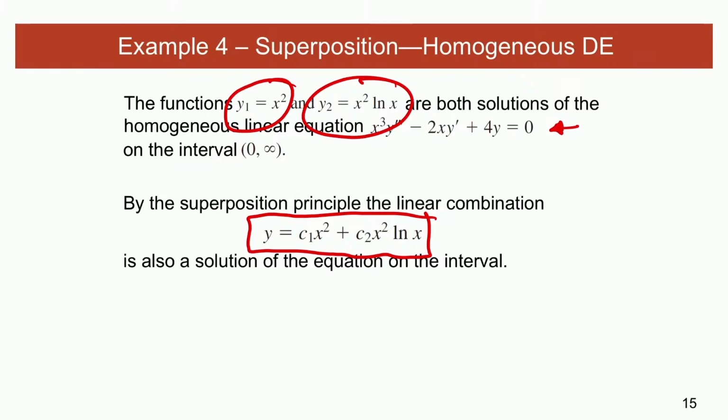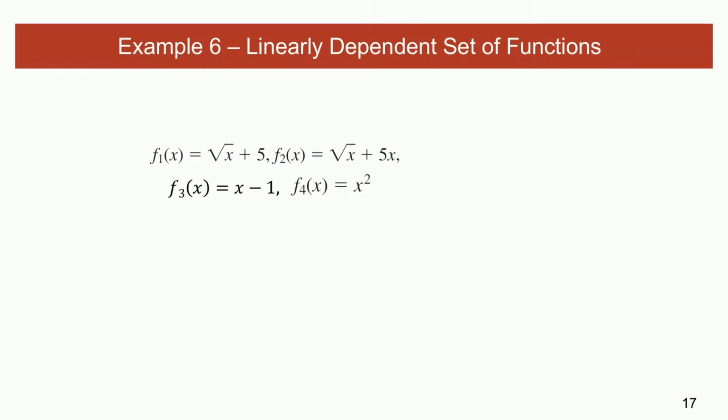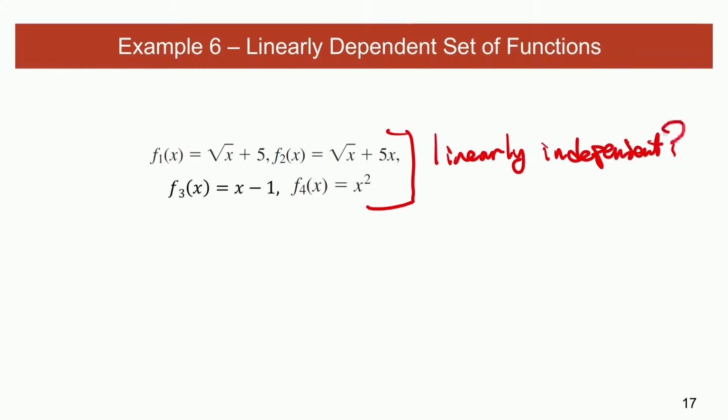So here's the sort of thing that you're going to be asked to do: evaluate a bunch of functions and ask the question, are these linearly independent? That is to say, can you take maybe 2 or 3 of these and combine them to make the other one? That's what it means to be linearly independent, that it would be impossible.